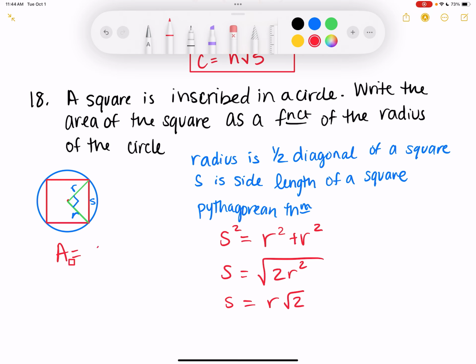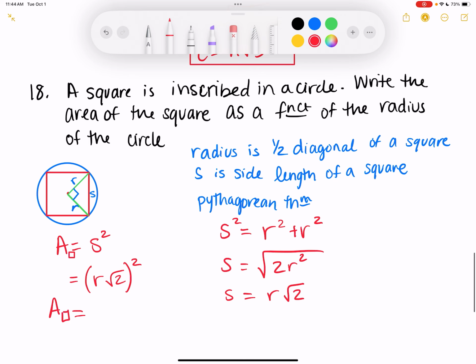So now I take this value for side and I plug it in. So this is equal to r times the square root of 2, squared. What do I get when I do that? R squared. 2r squared. So my area of this square as a function of radius would be 2r squared.